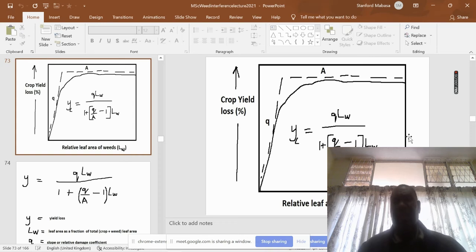Then they said, okay, this can actually give you crop yield loss, but it can overcome probably the problem of dealing with one weed at a time. Even if you wanted to study one weed at a time, you can still do so, but it gives you room for flexibility. You can involve several weeds if you want.